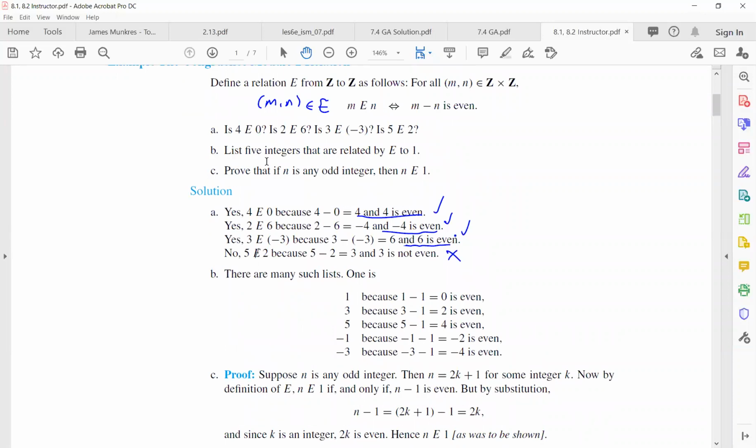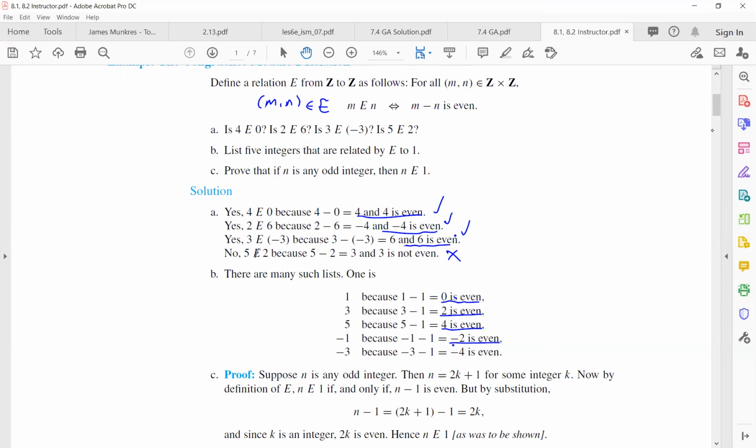B, list 5 integers that are related to 1 by E. So we can list any set of integers. 1 is related to 1 by E because 1 minus 1 is 0, and it's even. 3 is related to 1 by E because 3 minus 1 is 2 and 2 is even. 5, because 5 minus 1 is 4 and 4 is even. -1: -1 minus 1 is -2, you get a negative even integer.